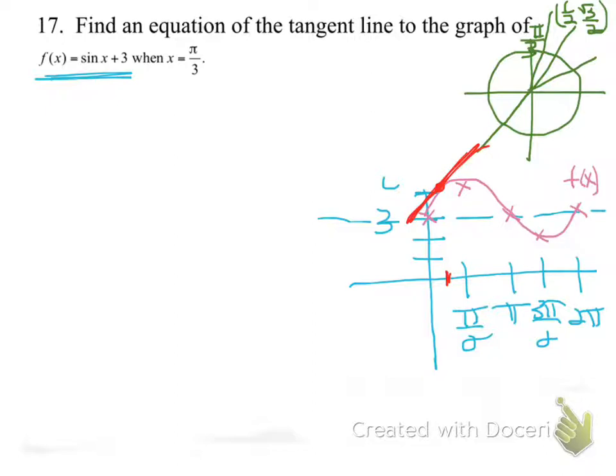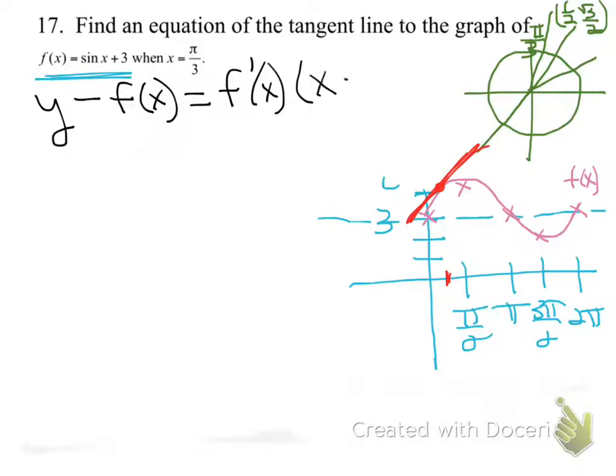The first thing we want to do is write out what they want us to give them back. They want an equation of a tangent line. So they want y minus f of x1 equals f prime of x1 times x minus x1. Now let's put in what we need.